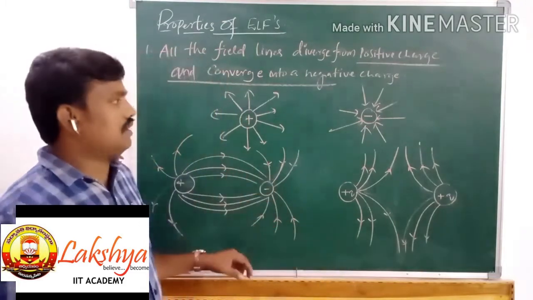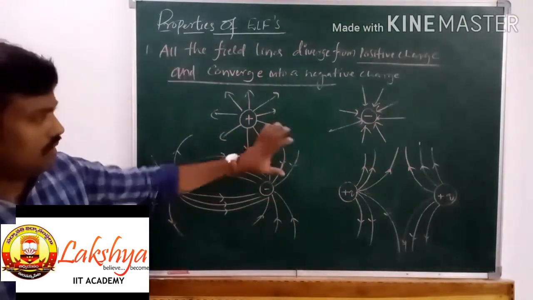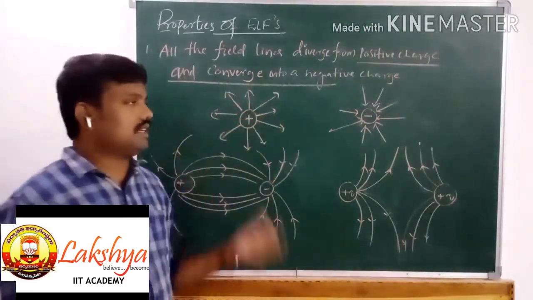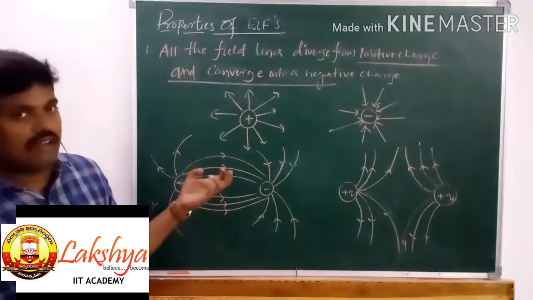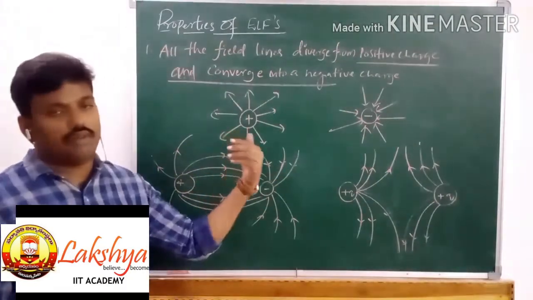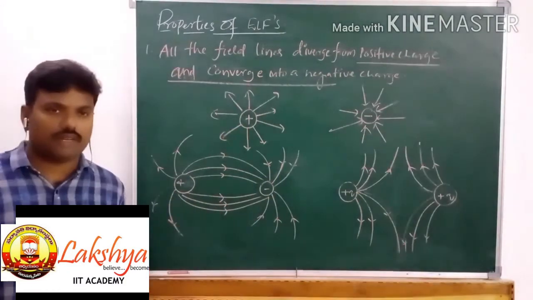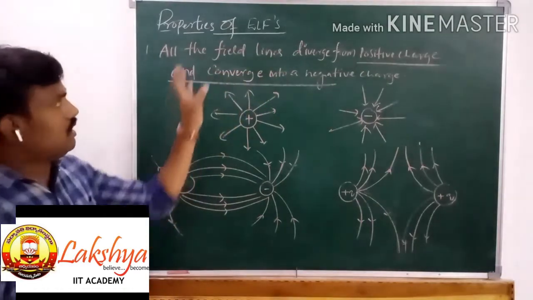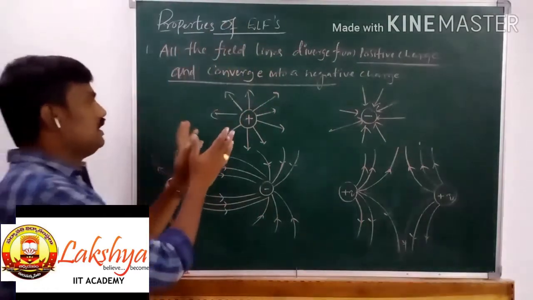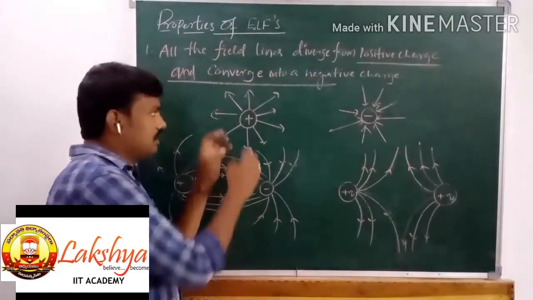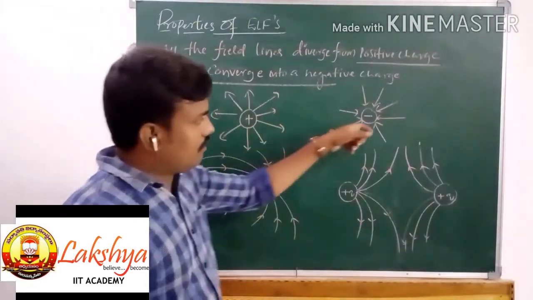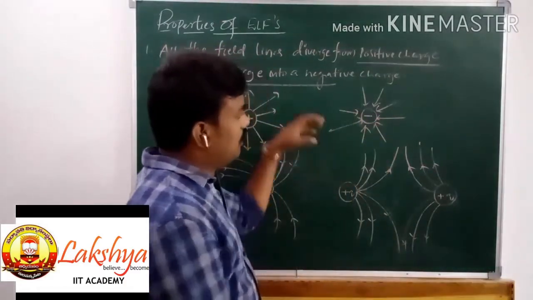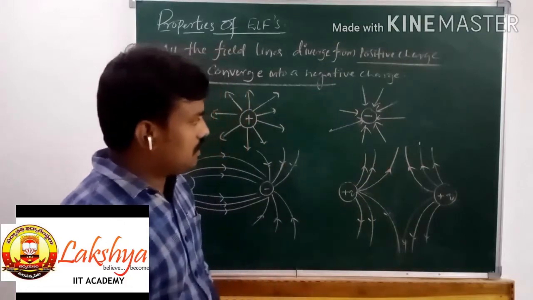But in the case of charges, we can separate the positive charge and the negative charge. So we can get an isolated charge, and thereby they can have separate fields. For a negative charge there will be a separate field, and for a positive charge there will be a separate field. So always the electric lines of force diverge from a positive charge, coming out from it, whereas for a negative charge all the lines converge, coming into that particular negative charge.